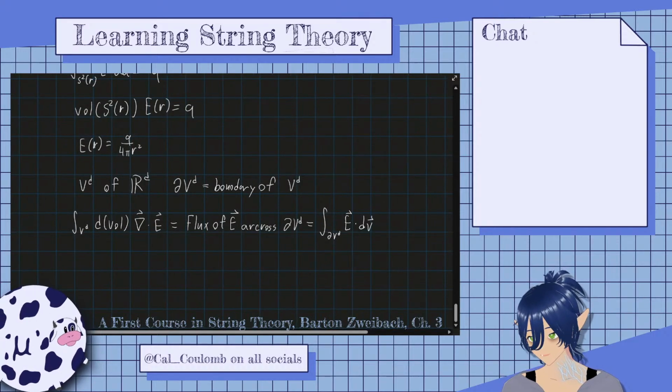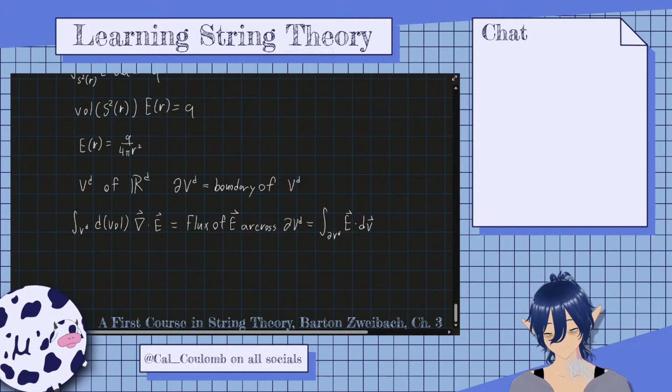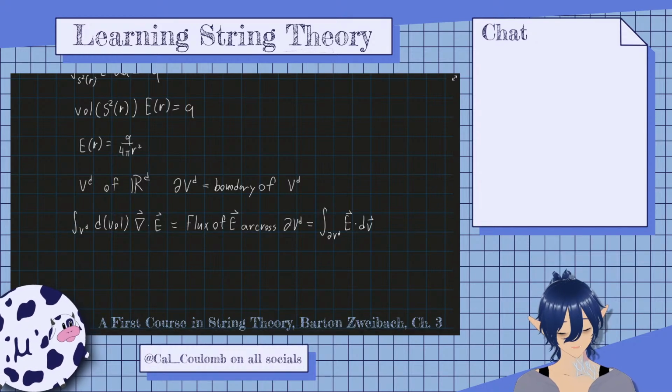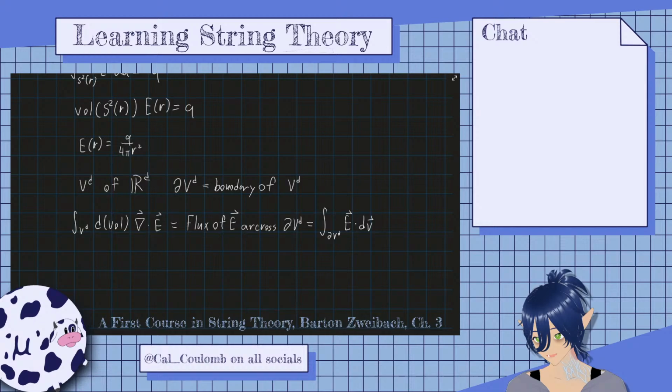The last right-hand side requires some explanation. At any point on ∂V_d, the space ∂V_d is locally approximated by the (d-1)-dimensional tangent hyperplane.